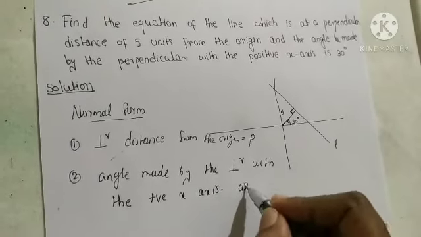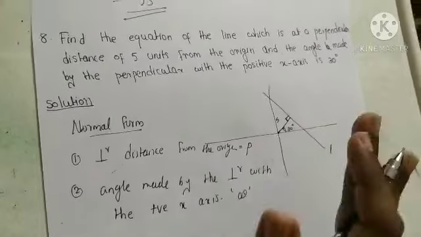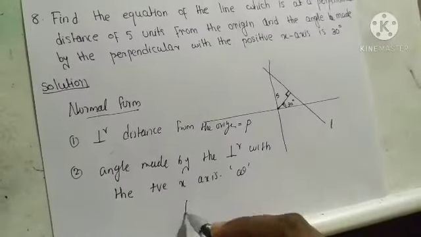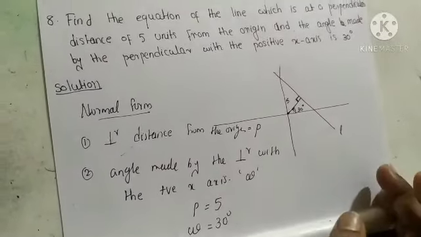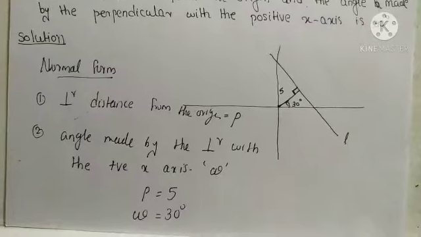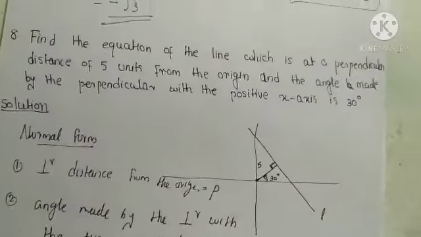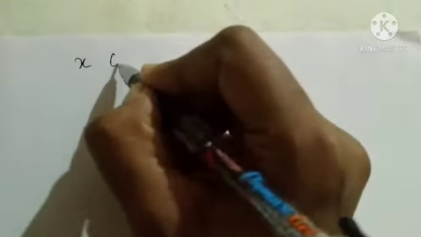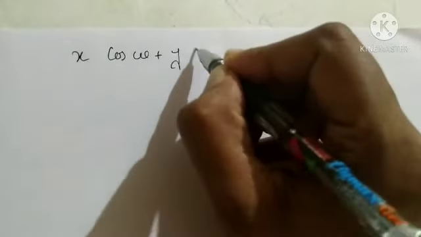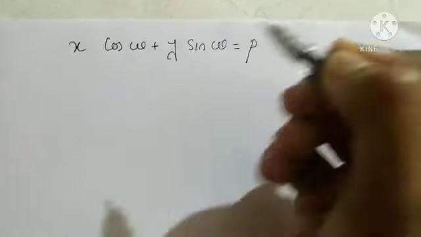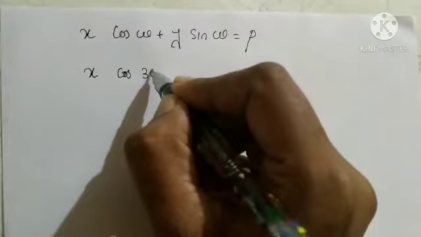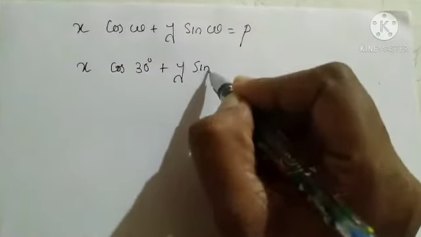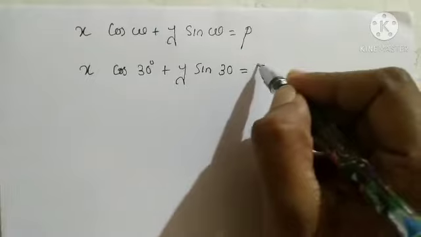That is, it is denoted as omega. So comparing these two, given that P is equal to 5 and omega is equal to 30 degrees, the normal form of equation of a line is x cos omega plus y sin omega equal to P. So substituting the values here, x cos 30 degrees plus y sin 30 equal to P, which is 5.